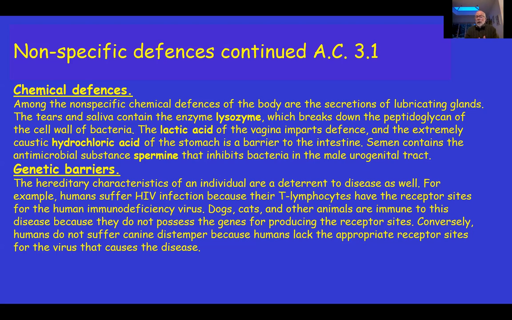Urine is also acidic. That also will destroy quite a few of these microbes entering.